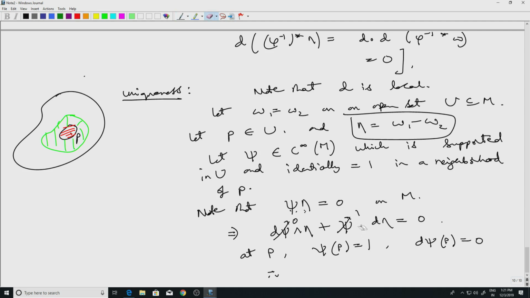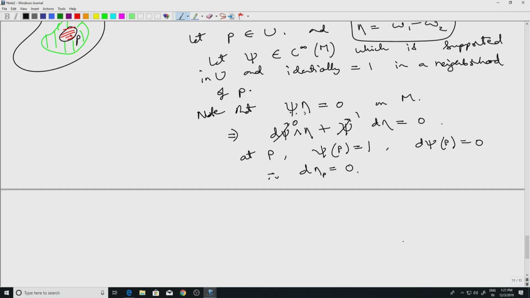It's just a function times a form. So I get d eta equal to 0. So d eta, which is d omega 1 at P minus d omega 2 at P, is 0, which is what we wanted. So we took any point in U and we get this.